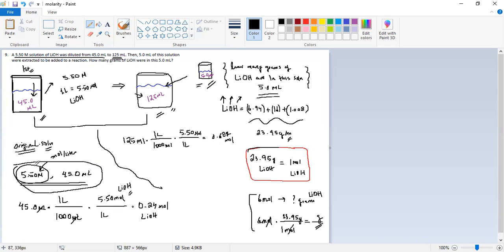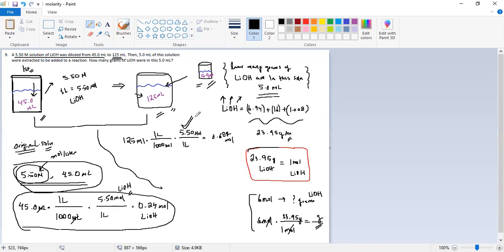We were only able to calculate the moles in the first situation because we were given enough information, right? The conversion factor of the 5.50 molar solution that allowed us to get to moles is only for 45.0 milliliters. It only pertains to that amount of volume. But when we change the volume, the molarity changes. So we can't use the molarity which pertains to a different volume. The proportion is not balanced out. It doesn't work that way. So this approach would have been wrong, right?